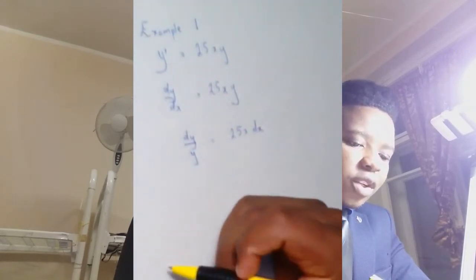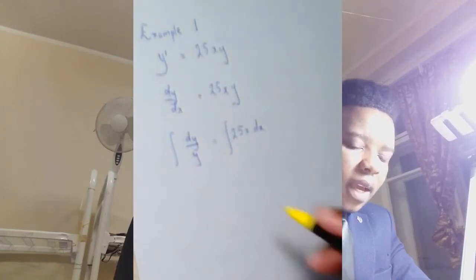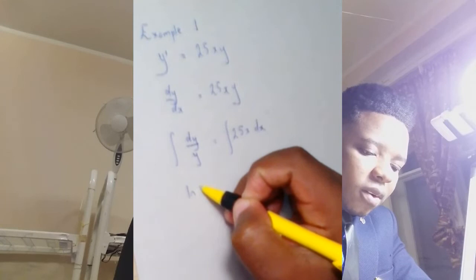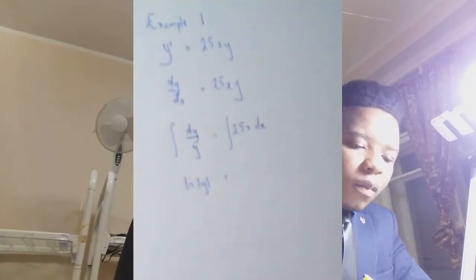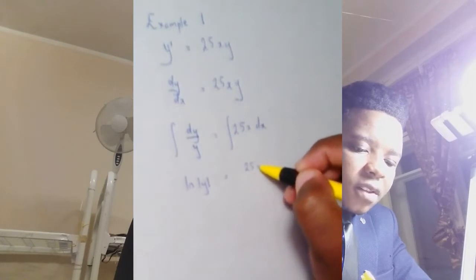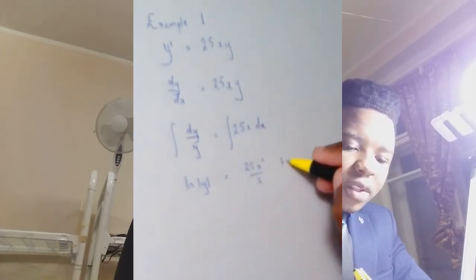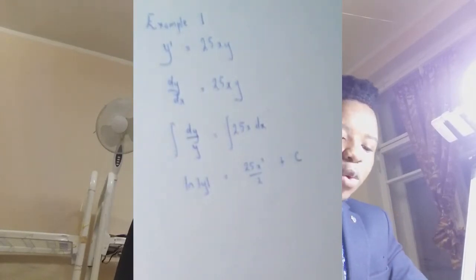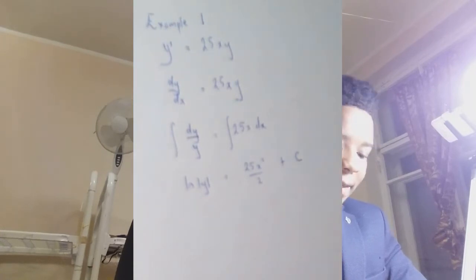Now we need to integrate both sides, and on the left side we're left with ln modulus of y is equal to 25x squared divided by 2, then plus our constant c, because when we integrate, we are supposed to remember every time we have a constant.